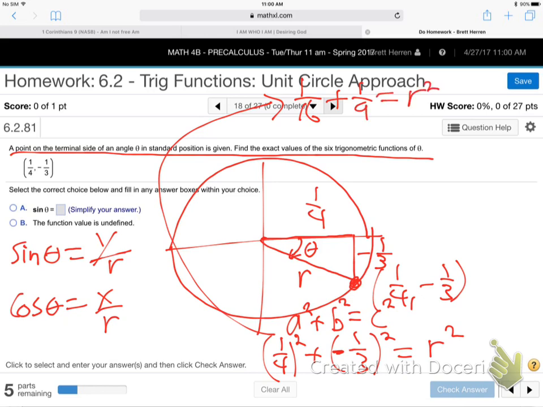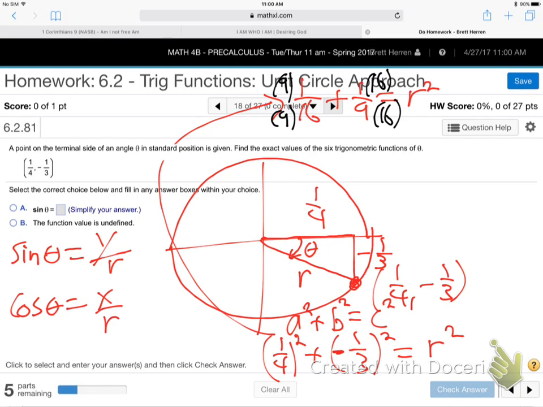It's a little messy, huh? These fractions to deal with. So what are we going to do with that? 1/16 plus 1/9 is r squared. Common denominator. Multiply top and bottom by, you can use a calculator or whatever it takes.